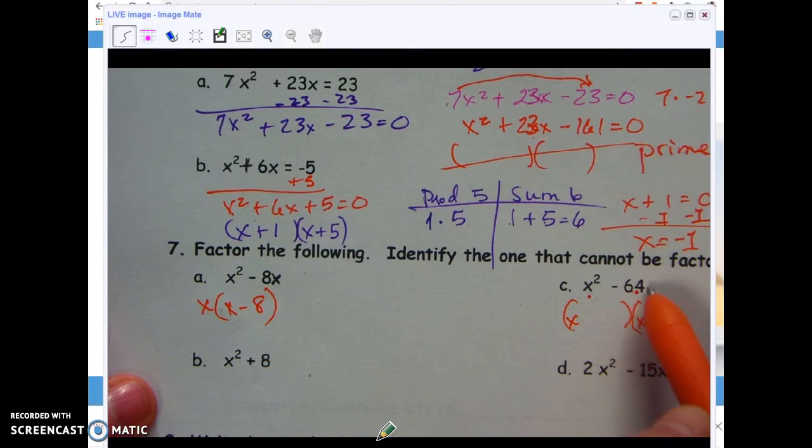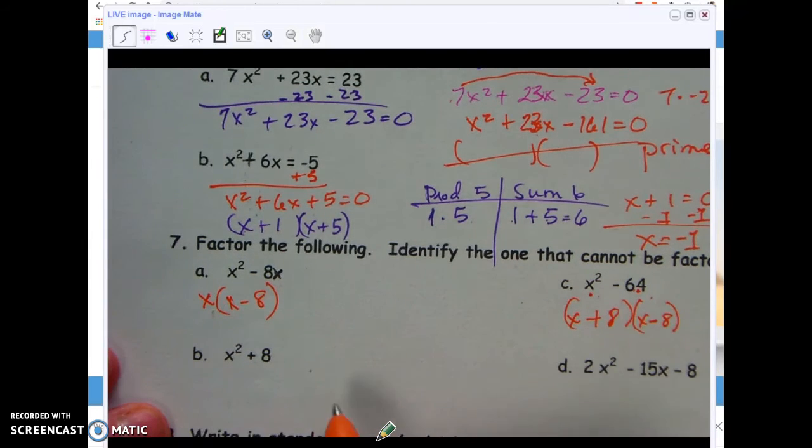What gives me a product of 64, but that middle term is 0, so they subtract out. Well, there's only one choice, additive inverses. Square root of 64 is 8. X plus 8, x minus 8. That means it's factorable.